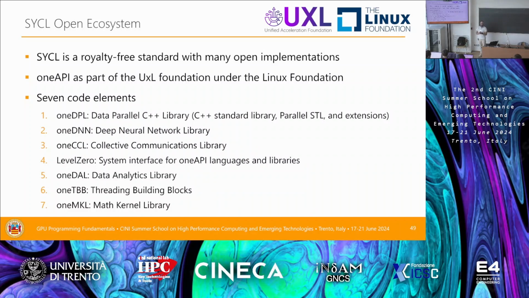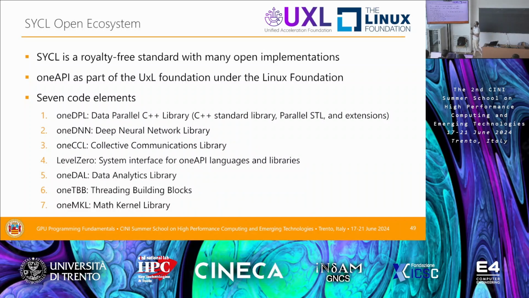And practically, if you're working with oneAPI, you have all these libraries. You have the math kernel library, which is a very popular library for math operations, a neural network library, a collective communication library, and so forth. The idea is that all these libraries can communicate with each other. Okay, and everything is open.